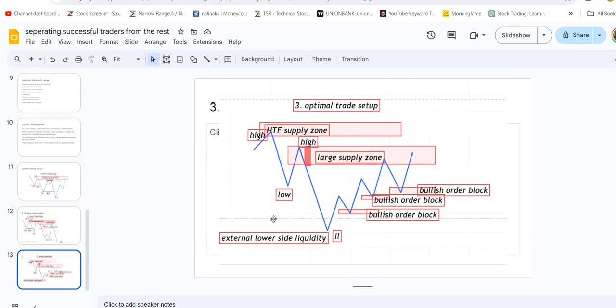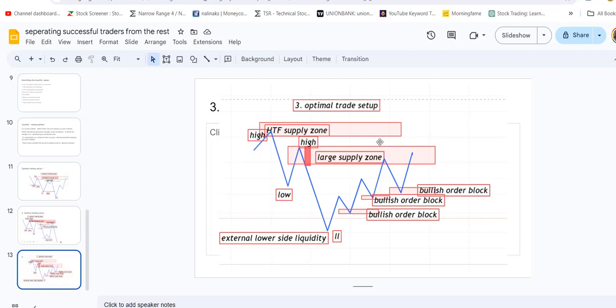You can see I have mentioned a single big candle in large supply zones, and it goes down, breaks below this low, and seeks the external liquidity, making a lower low, and then it starts moving, creating bullish order blocks. Every time it pulls back, it is creating a bullish order block, making higher highs and higher lows. And then it goes into the supply zone.